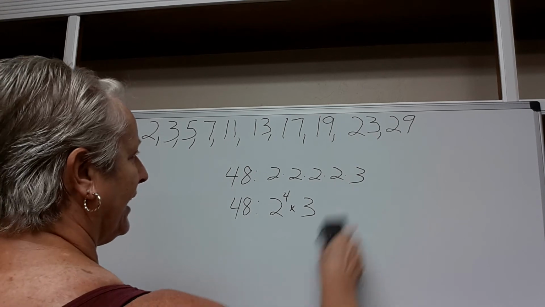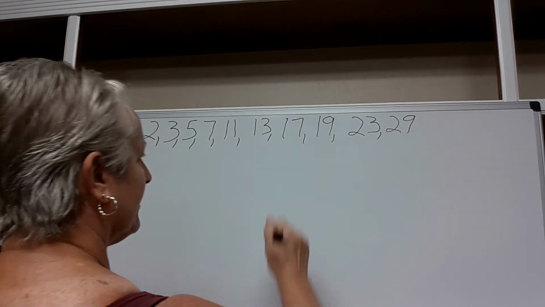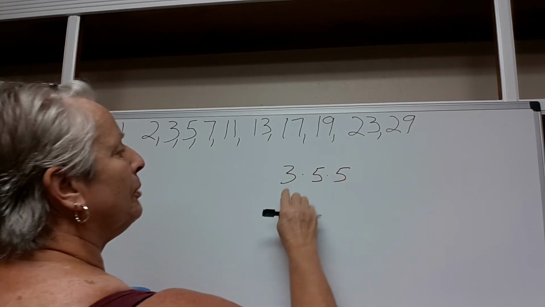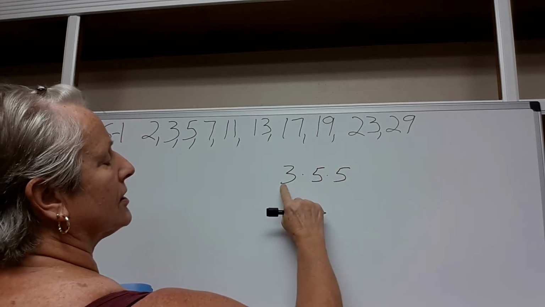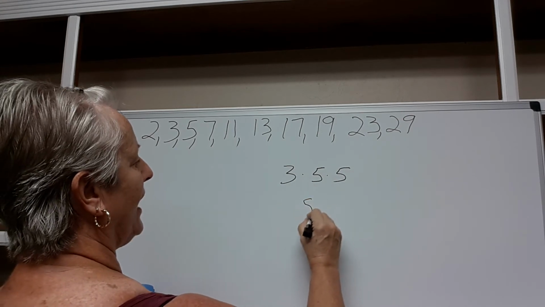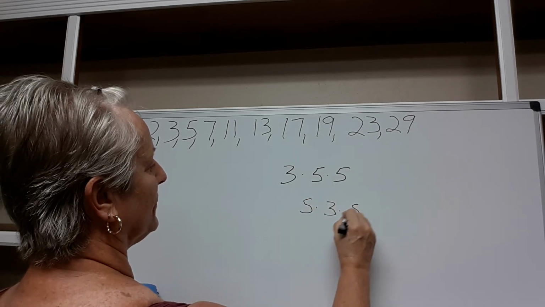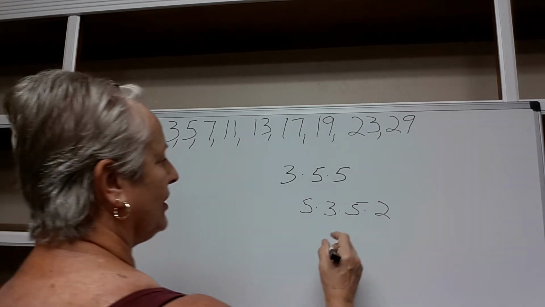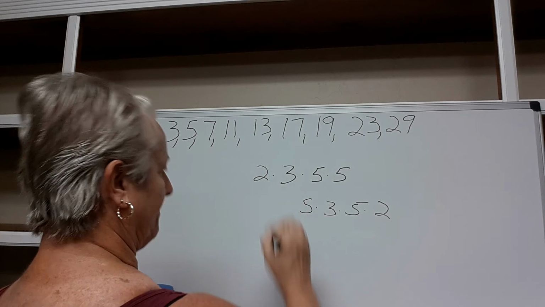If I had 3 times 5 times 5, put them in order, least to greatest. Okay, because if you put 5 times 3 times 5 times 2, that's just a mess. So you need to put them in order.